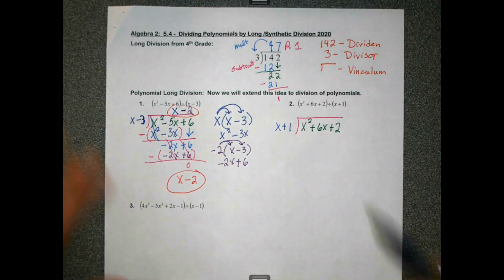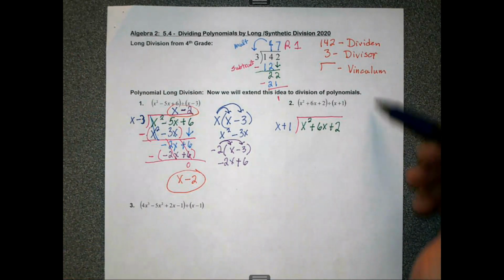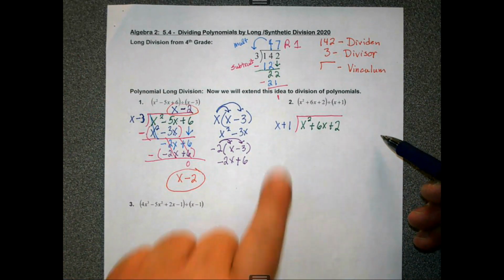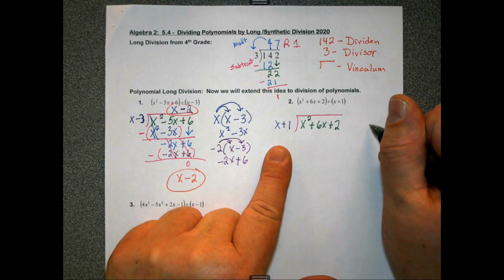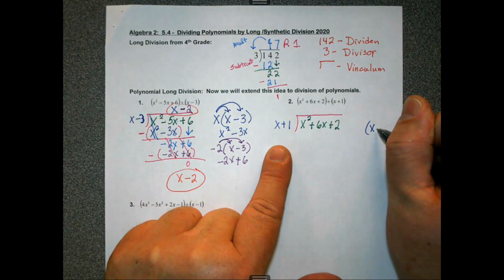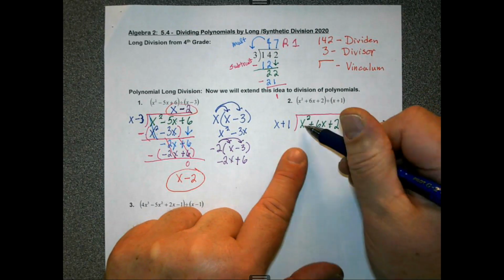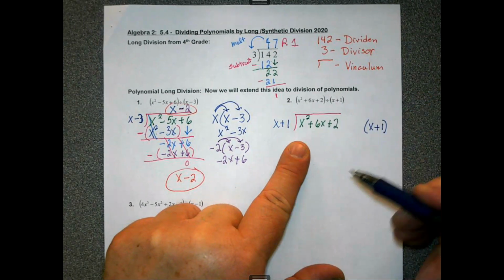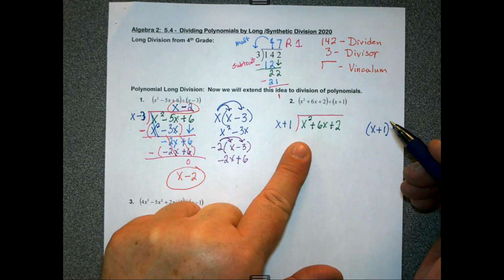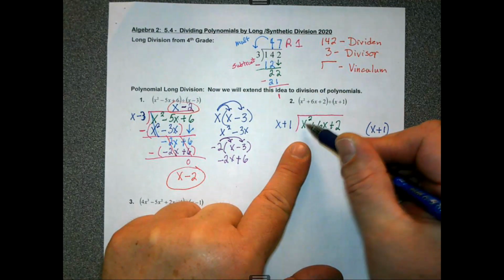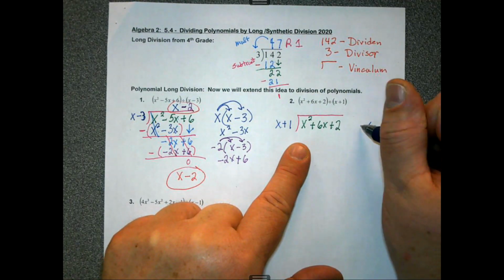Now, do you guys want me to continue writing off to the side here? Yeah, I'll do it. So I'm going to multiply my divisor, x plus 1, by something to make the x into an x squared. How do I make that x an x squared? Multiply it by another x.